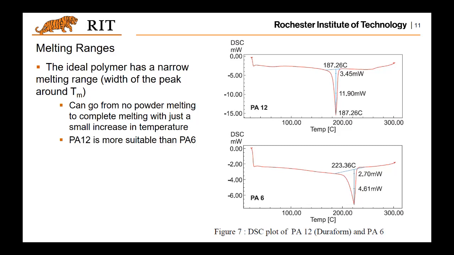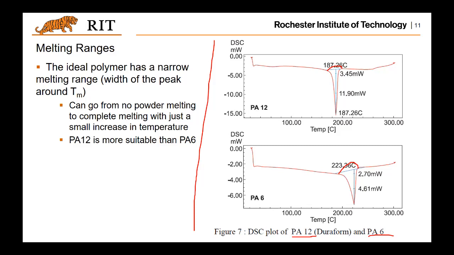As you can see here, if we look at the two graphs, one is PA12 and the other one is PA6. And obviously this PA12 material has a narrower melting range compared to PA6.